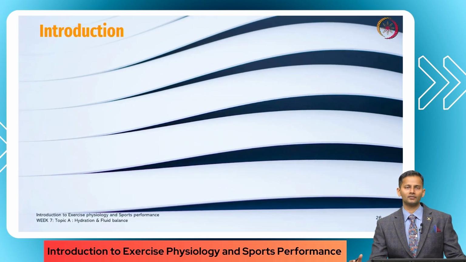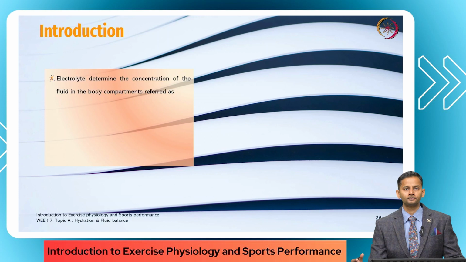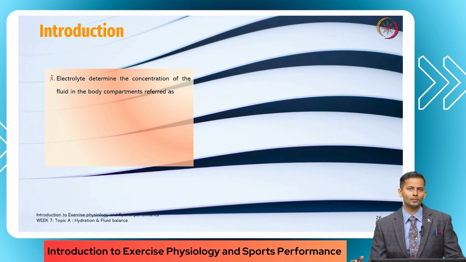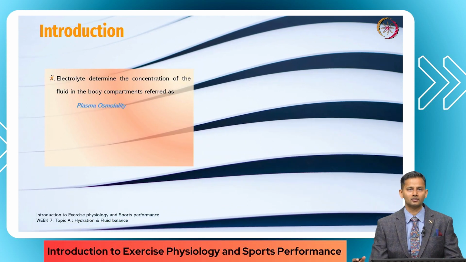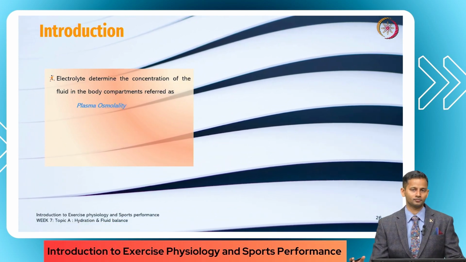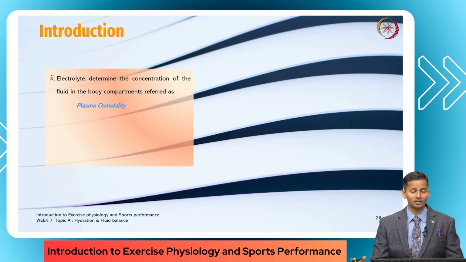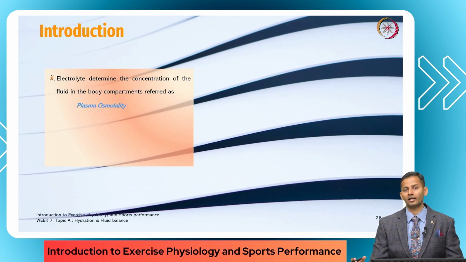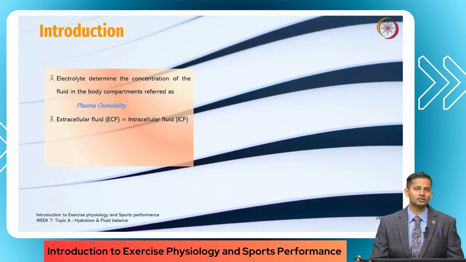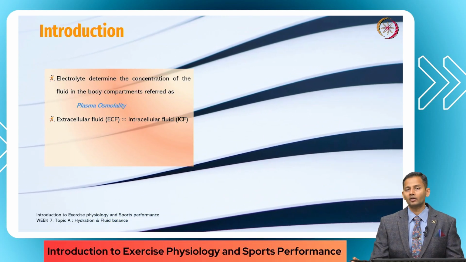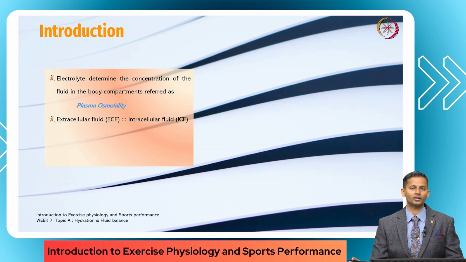To proceed further with respect to electrolytes: the electrolytes determine the concentration of the fluid in the body compartments, referred to as the plasma osmolarity. The plasma osmolarity is determined by the electrolytes in the body components, and the extracellular fluid is at equilibrium with the intracellular fluid.